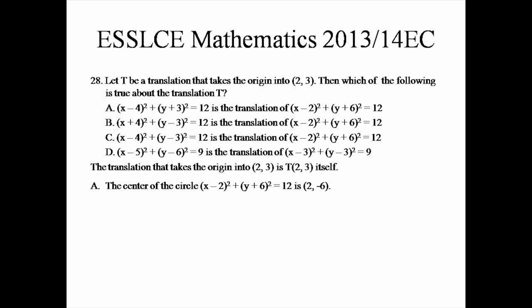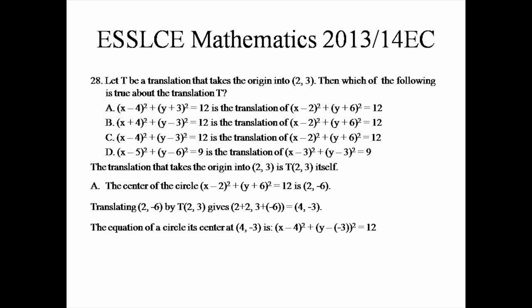As we know, radius will not be affected by translation. The translation affects the center of a circle. So translating the center 2, negative 6 by the translation t 2, 3 gives 2 plus 2, 3 plus negative 6. 2 plus 2 is 4, 3 plus negative 6 is negative 3.